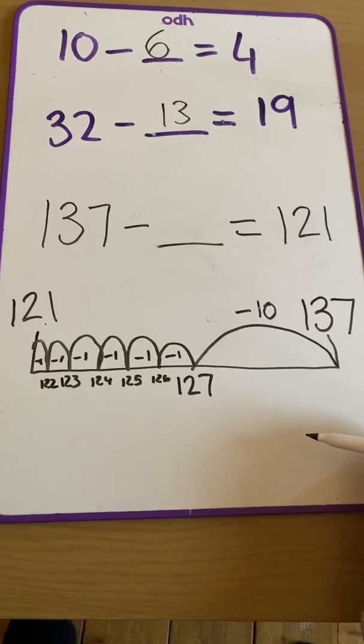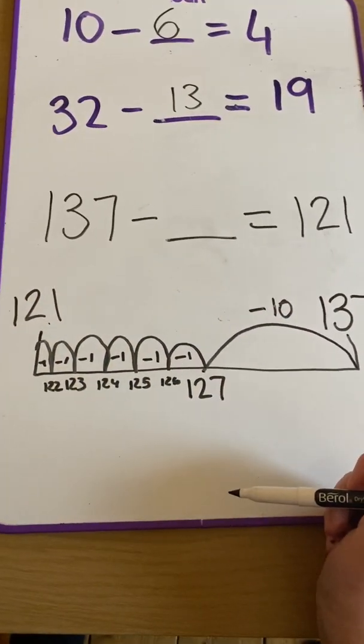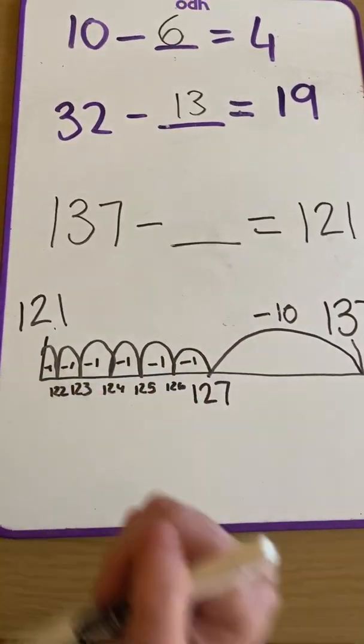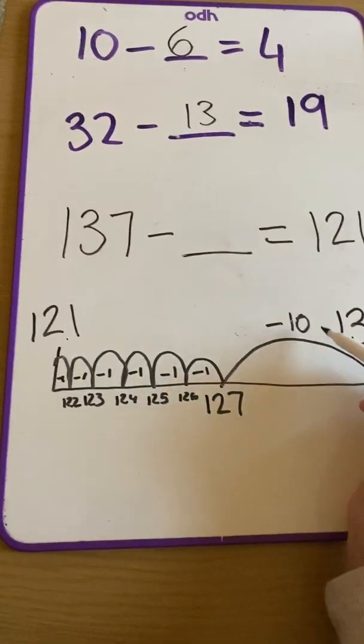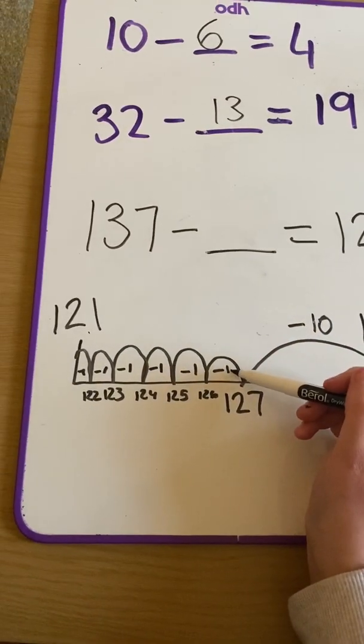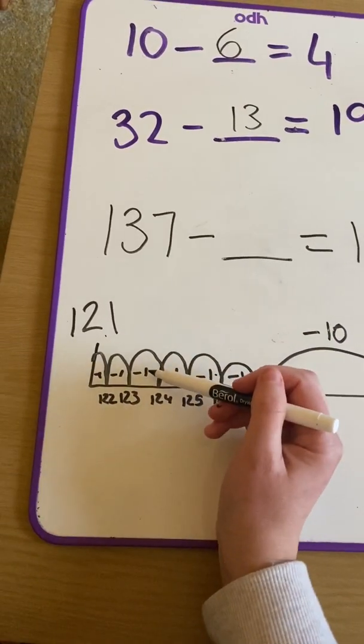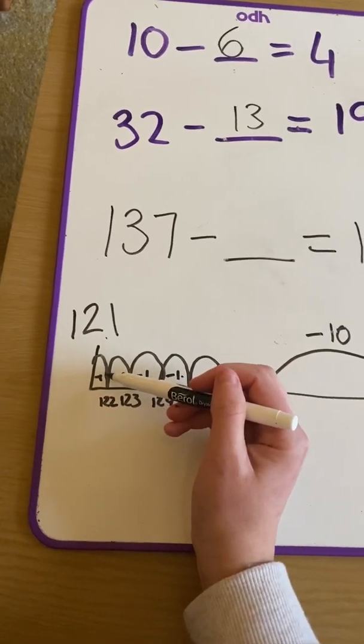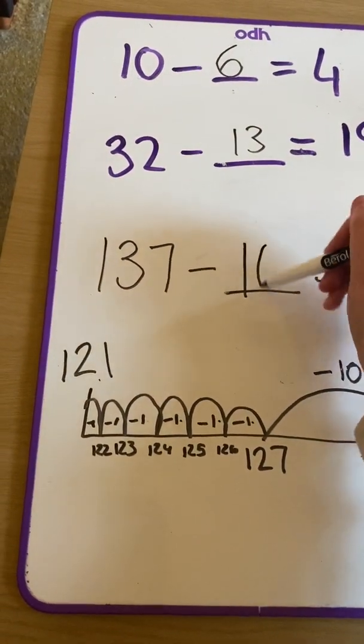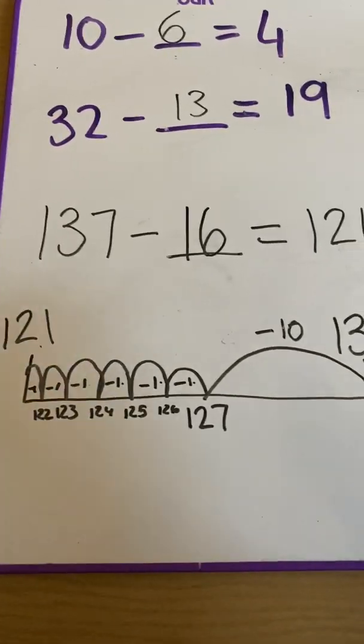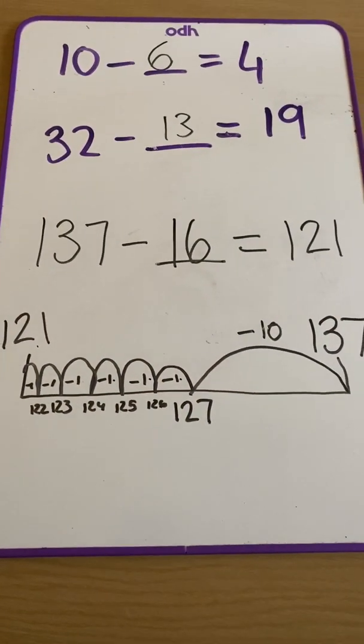Now we're still not finished because we still don't know our missing number. So we need to see how many jumps we did altogether. So we did 10, 11, 12, 13, 14, 15, 16. So we took 16 away to get to 121.